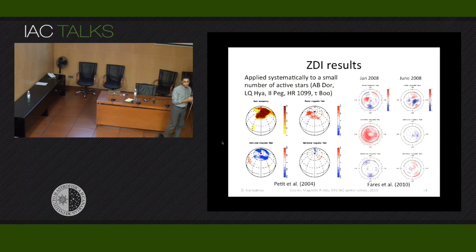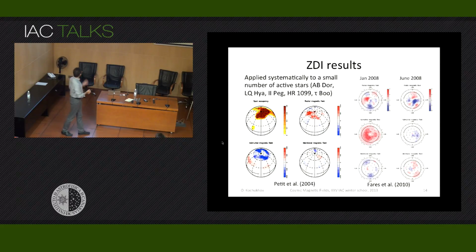So we are fairly certain that we can disentangle this component from these two. These two are actually kind of difficult to separate, but the azimuthal field is well separated. So nothing like that was predicted by models of magnetic field generation extrapolated from the sun.